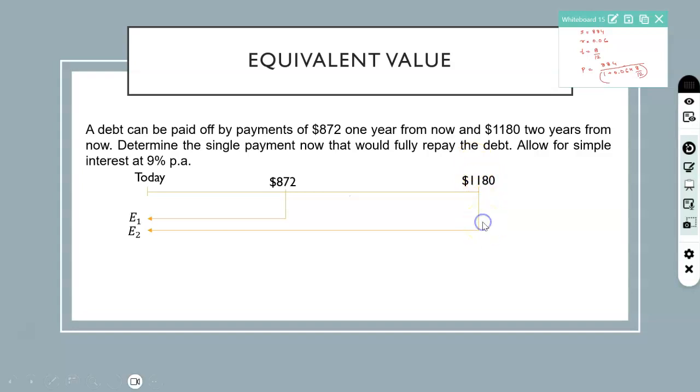So this is E1: 872 divided by 1 plus R times T, because it is 1 year, and this is E2: 1,180 divided by 1 plus R times T, where R is 0.09 and T is 2 years. You can calculate E1 and E2, and add these two to find the single payment which should be paid today so that you can clear your debts.